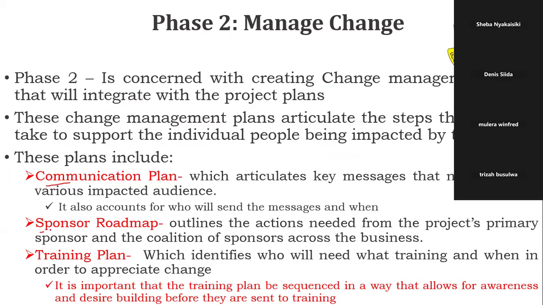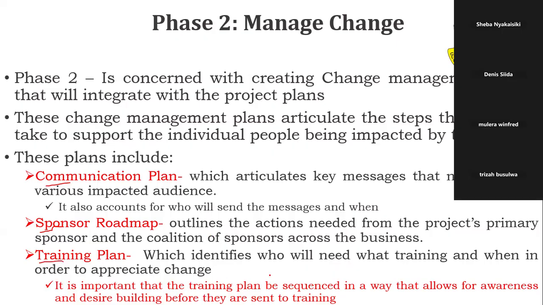The sponsorship roadmap is where it is implemented. Those sponsors of the change begin to actually do their work, engaging with the team members, with those who are being impacted by the change, those who are receiving the change.